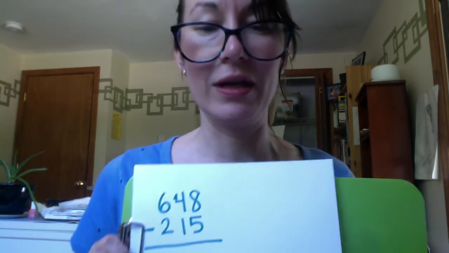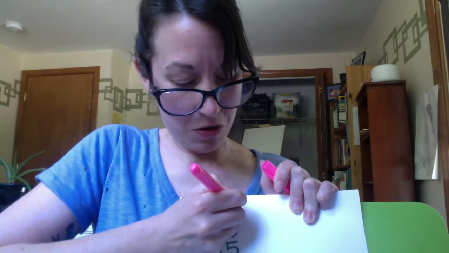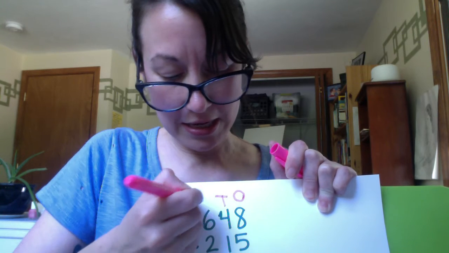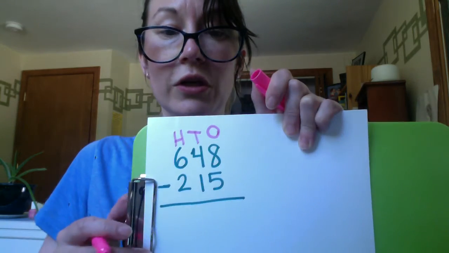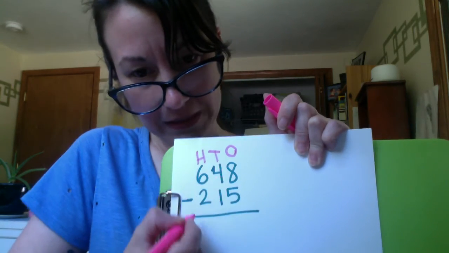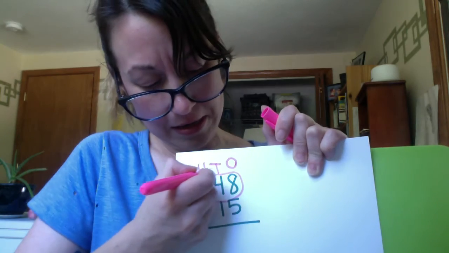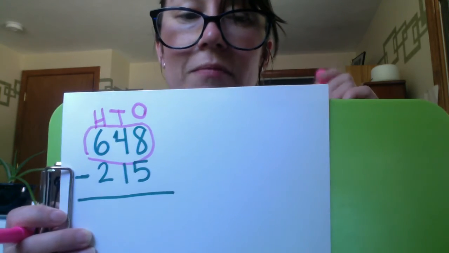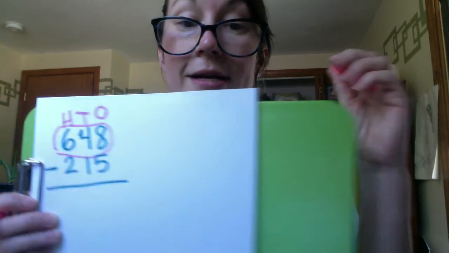So on this one, because it's up and down, I'm only going to mark my HTO one time. Here's my O. I start over there. Then I know the next one is T, and that one is H. And now I'm going to circle my bigger number. 6 is bigger than 2, so I know automatically that is the bigger number. So there we go. Step 1, mark my HTO and circle the bigger number.